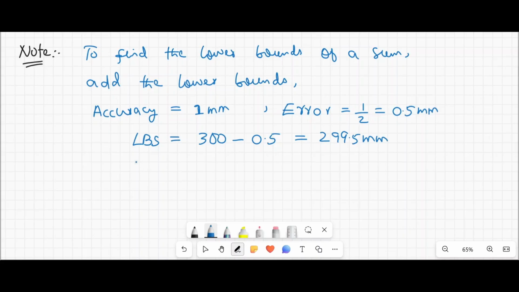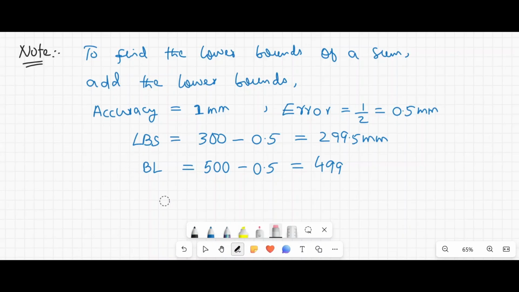The lower bound of the larger cupboard is 500 minus 0.5. Sorry, let's correct it: it's the lower bound of the large cupboard, so this is 499.5.